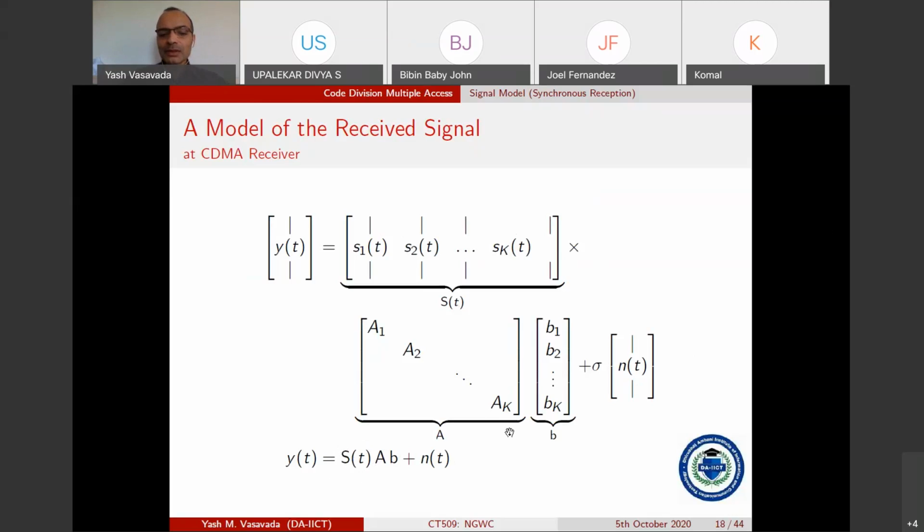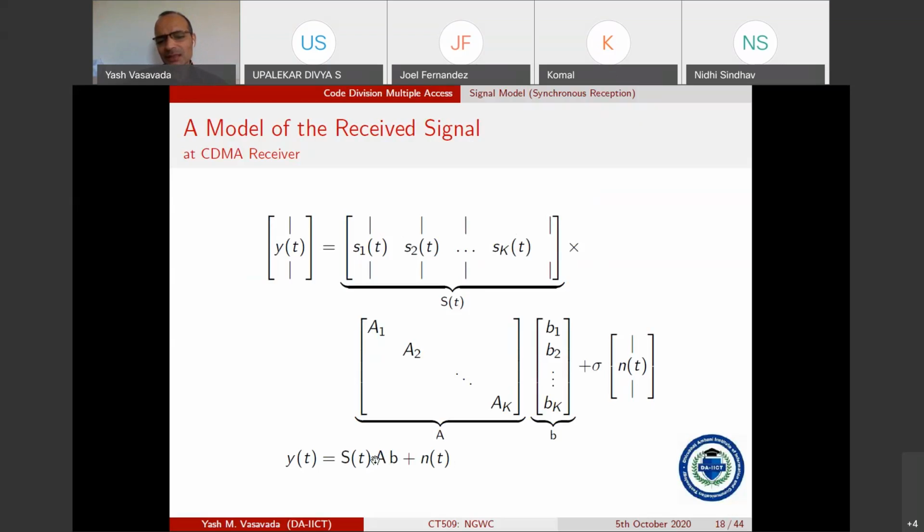Okay, Nidhi, what about the other analogy? Can you draw some other analogy? What is this vector B? How was it denoted earlier? It is a symbol vector. Yeah, so it was symbol vector S. And now this diagonal matrix A is something new.